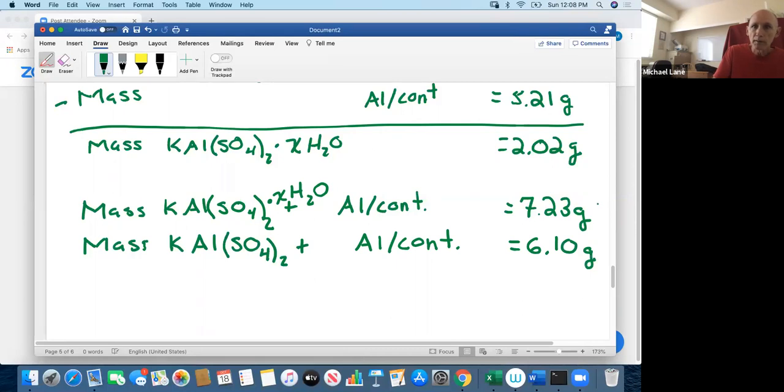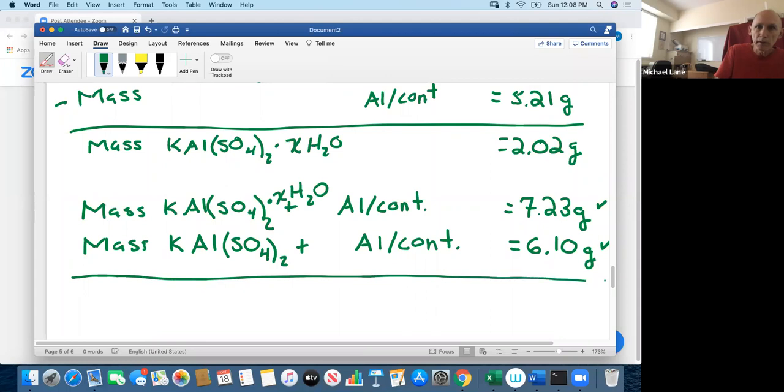So here's the mass that I started with. Here's the mass that I ended with. It should be evident that the difference between those two is the mass of the water. And you can see I've got it up here, but nowhere else. So I'm just going to keep my methodology the same.